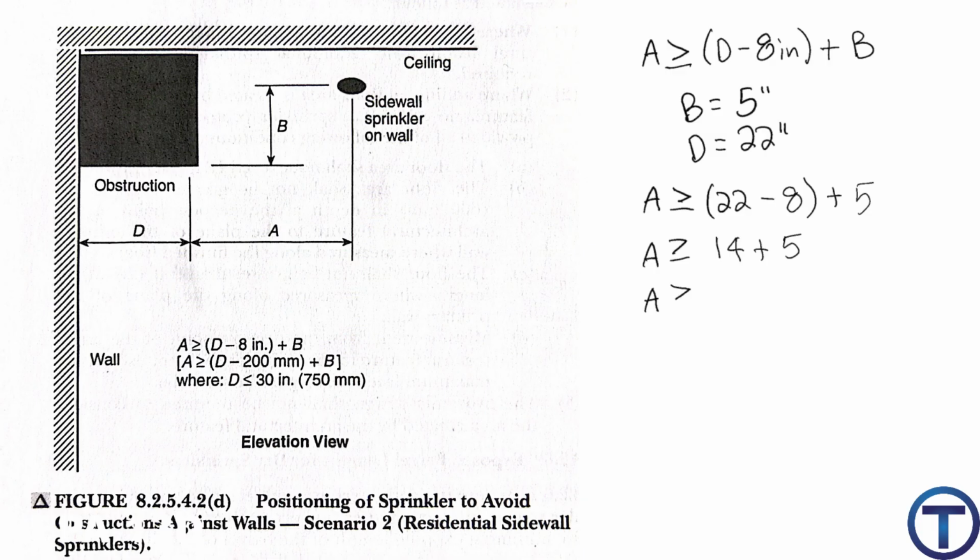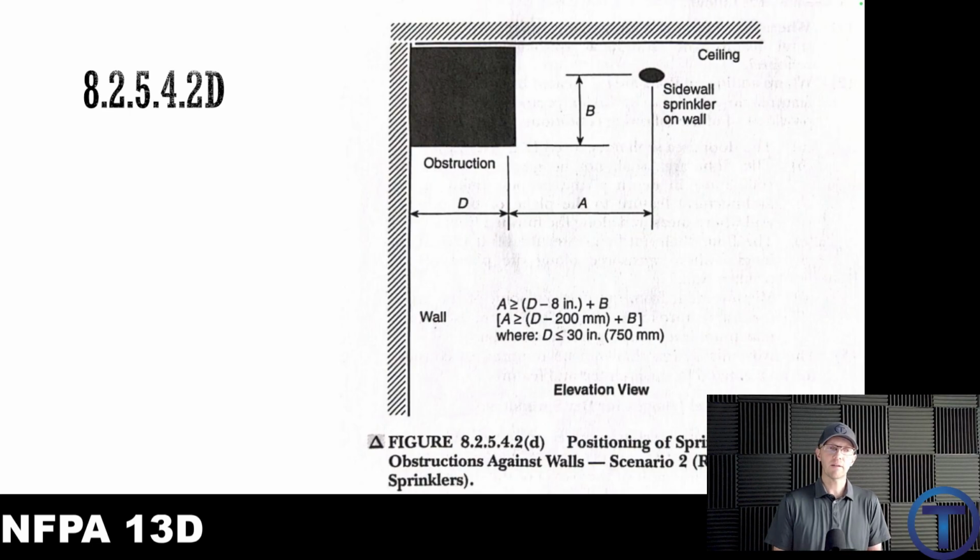A needs to be greater than or equal to 19 inches. How'd you do? Again, whatever the situation may be, using these keeps our proportions such that when that sidewall sprinkler opens up, it's going to be able to come down past the obstruction and put out the fire below.